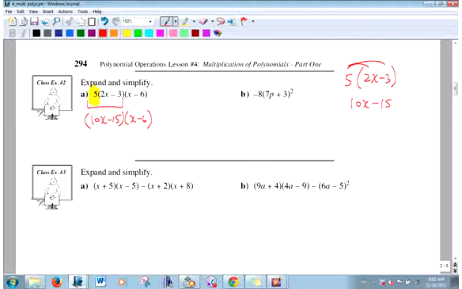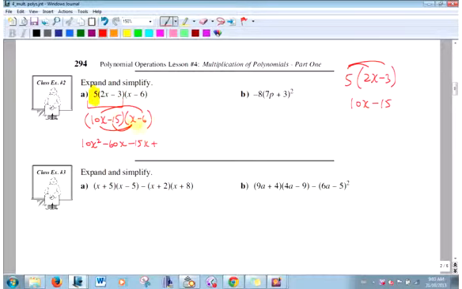Now we're back to where we were yesterday and 10 minutes ago. That's a binomial times a binomial. Okay? So that's one way to do it. Let's see what we have when we FOIL. 10x squared minus 60x minus 15x. Negative times a negative is a positive.